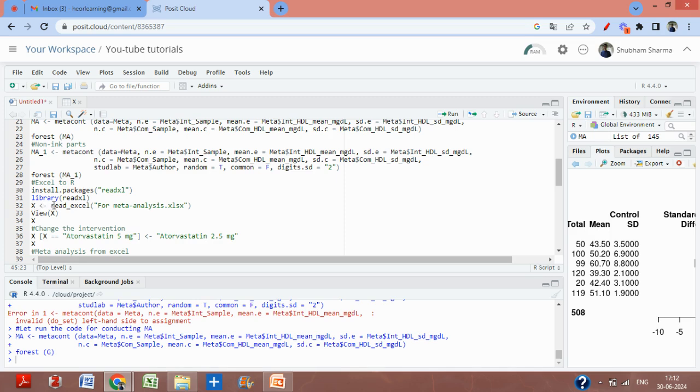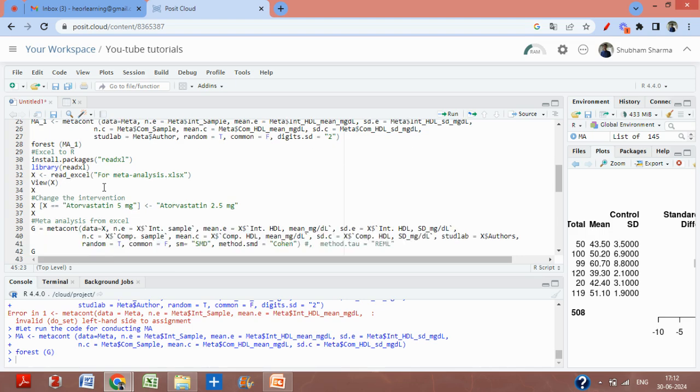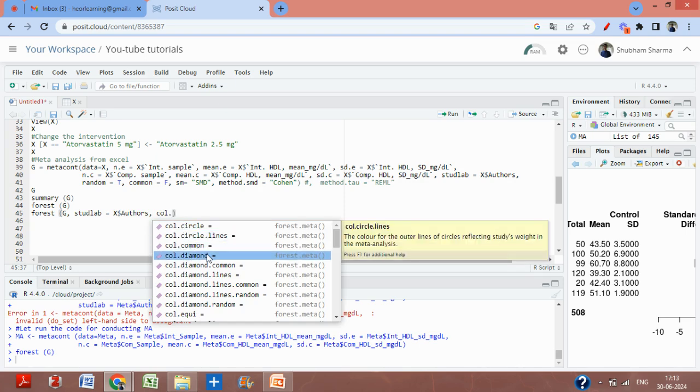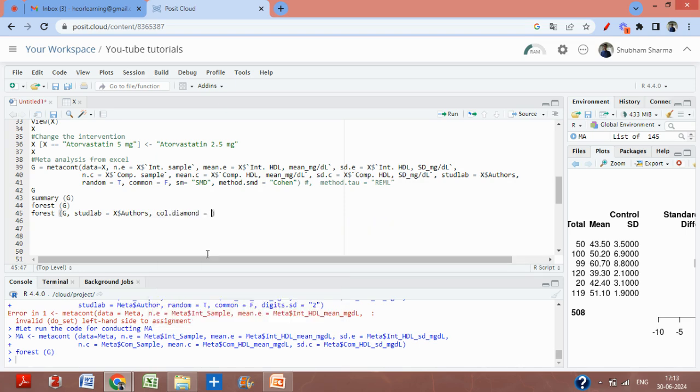I guess x equal to read Excel for meta-analysis. So this Excel file has been written as x, so we need to put x. That is x authors, comma, col.square dot assignment. Let us make it blue.